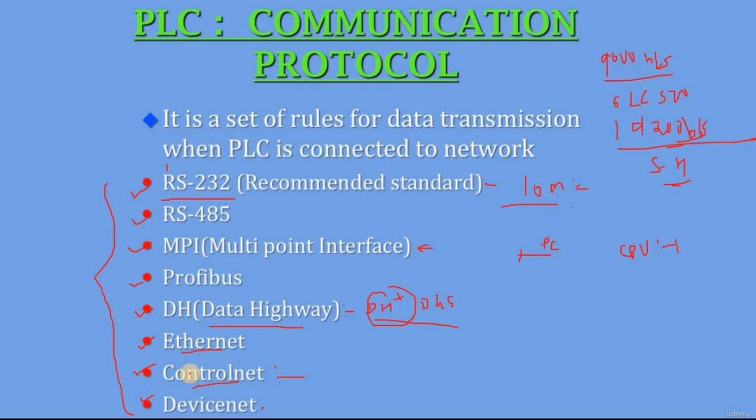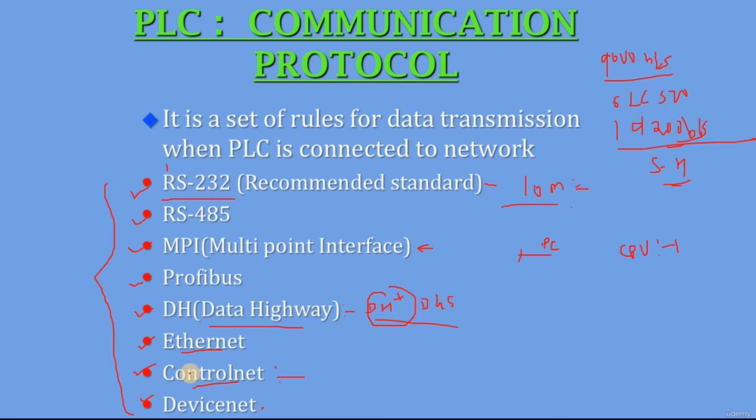By using ControlNet, we can communicate up to 30 plus kilometers. Even if you are away from your industry or company by 30 plus kilometers, you can communicate, download, and even supervise your plant just by sitting 30 kilometers from your place.